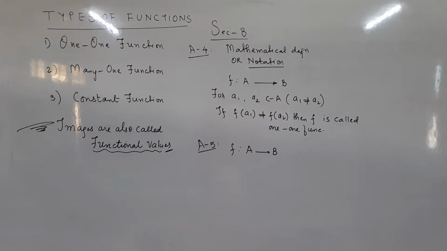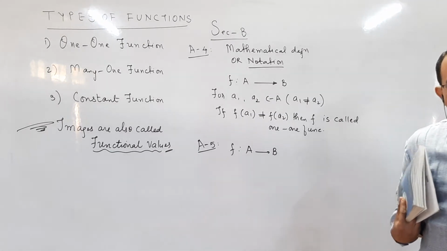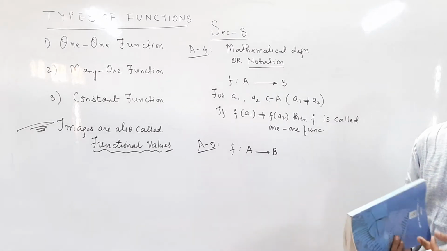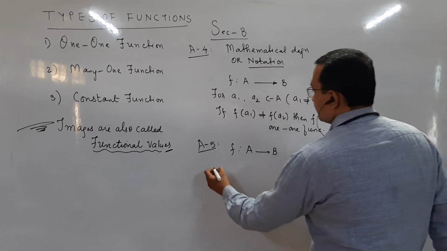Suppose f is a function defined from domain A to codomain B. For any two different elements of the domain, if the images or functional values are the same, then such a function is called a many-one function.